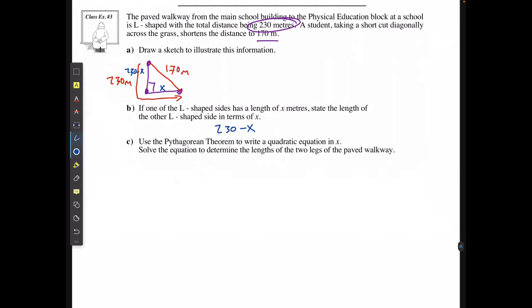And so now I have three sides of a right angle triangle. If my Pythagorean theorem is a squared plus b squared is equal to c squared, then in this case, one of the legs is x, and I'm going to square it. The other leg is 230 minus x, and I'm going to square that. And the hypotenuse is 170, and I'm going to square that.